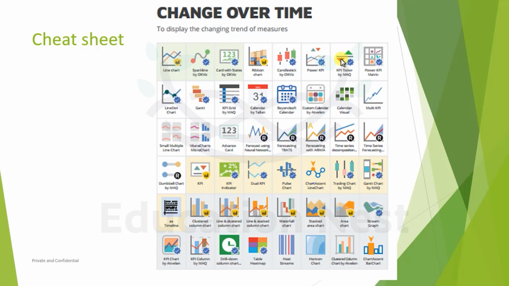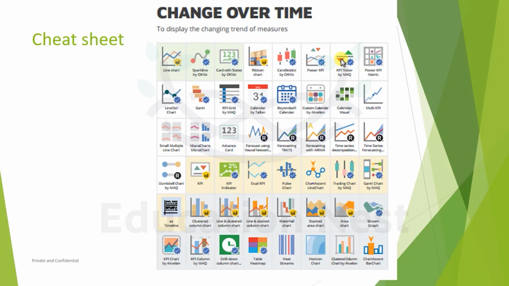Then you have a Power KPI matrix wherein you can make use of multiple KPIs and put them in place. Then there is a line dot chart wherein you have these bulbs available over the lines, which identify the dip or the increase at a particular point in time, at a periodic pace.